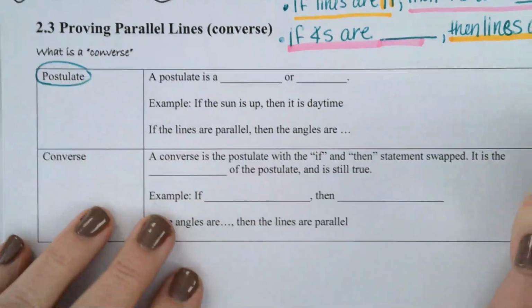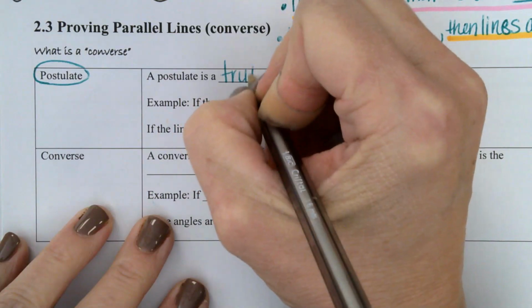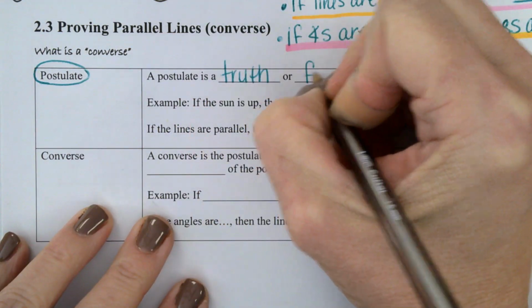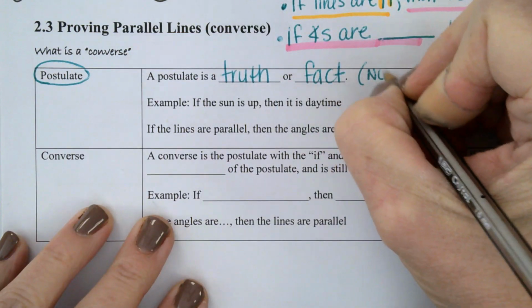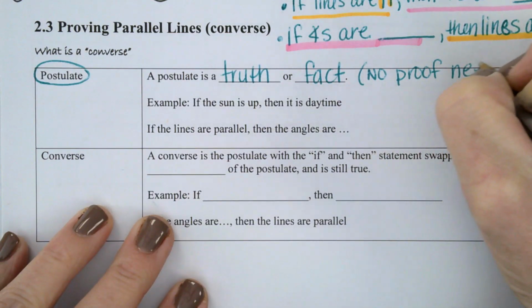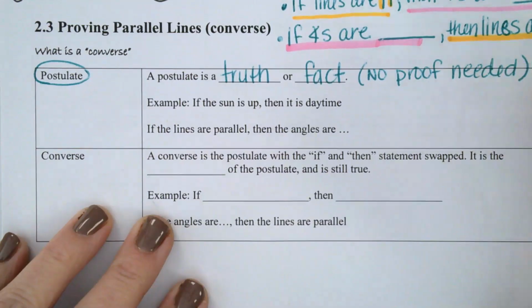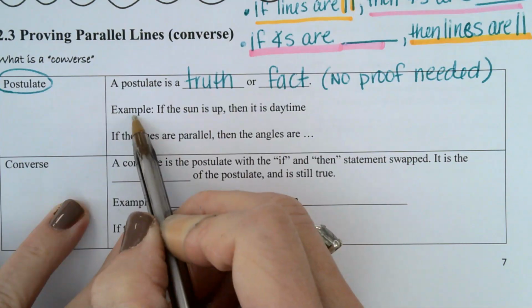Postulate. Okay, a postulate is a truth or a fact, no proof needed. I don't have to prove it to you. Okay, so here's an example.